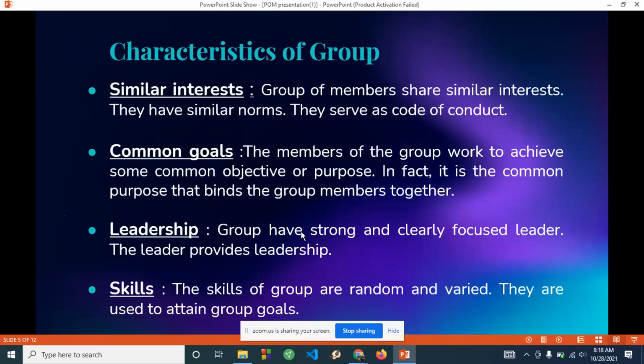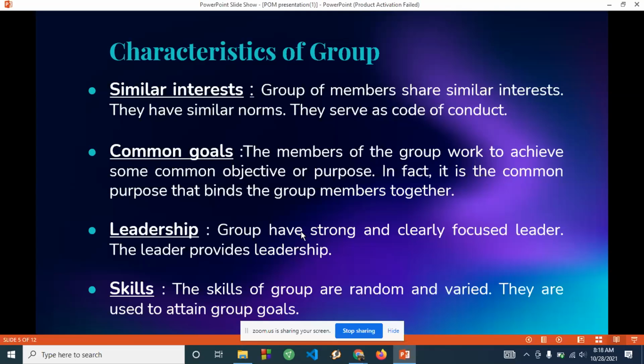Similar interest. Group members should share similar interests. They should have similar norms and values of the organization, and these serve as a code of conduct. Interest varies from people to people, but for the formation of a group, they must share similar interest so that they can perform certain goals.